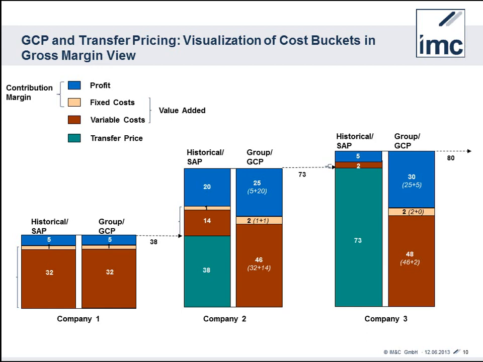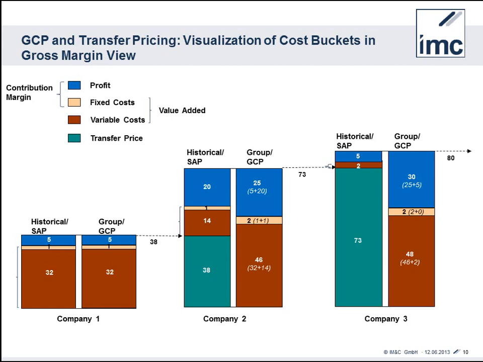Now, the same approach, as you can see, is applied to variable cost. So again, the variable cost at group level in company 2 is made by the variable cost that was at historical level in SAP plus the variable cost that was coming from the previous transaction.